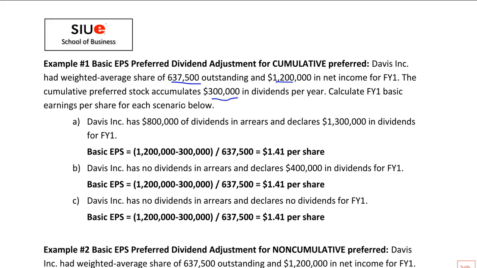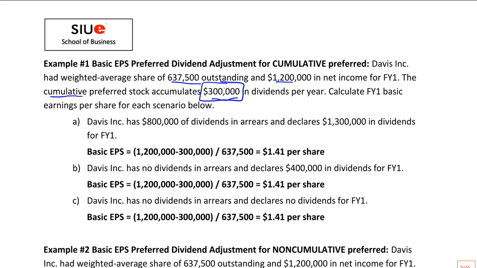Okay, so in this case, we're going to have cumulative preferred. And that cumulative preferred accumulates 300,000 per year. And what I have told you is when you have cumulative, just subtract out the amount accumulated per year and ignore the dividend declaration. So in this case, when you have cumulative preferred, it doesn't matter what the dividend declaration is.